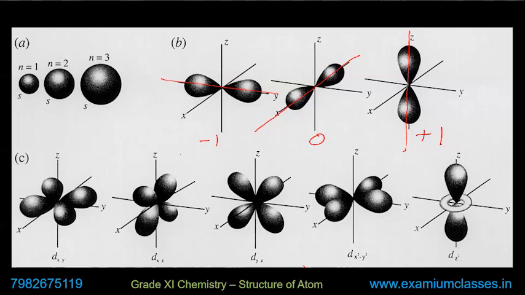The one aligned to the x-axis is written as px, the one aligned to the y-axis py, and pz along the z-axis.